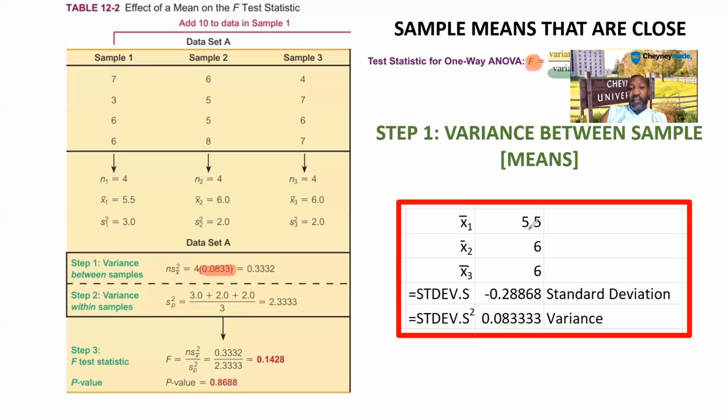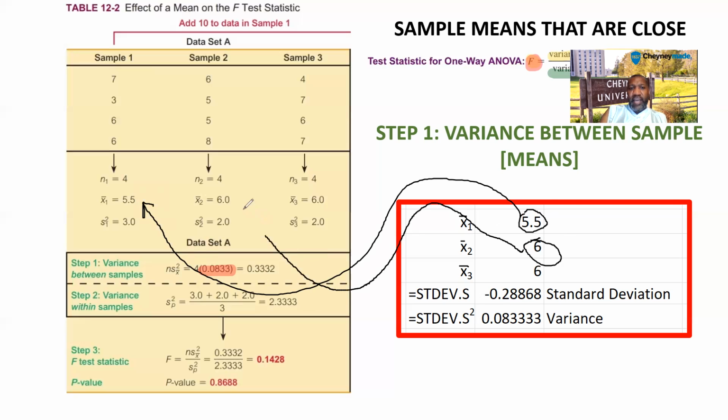X bar sub 1 equals 5.5. This 5.5 is the same exact value that we have there. This X bar sub 2 equals 6, same value that we have here. The next X bar, same value that we have there.